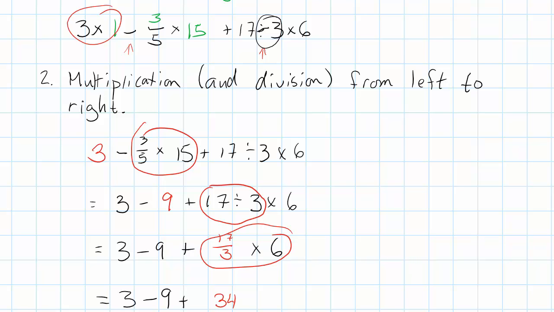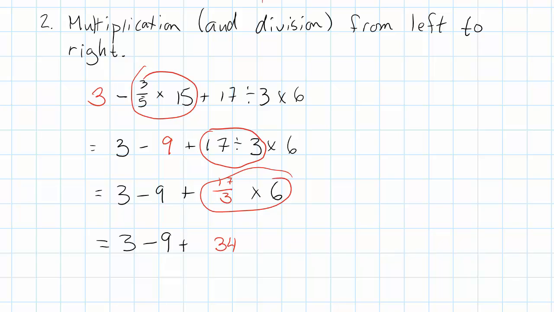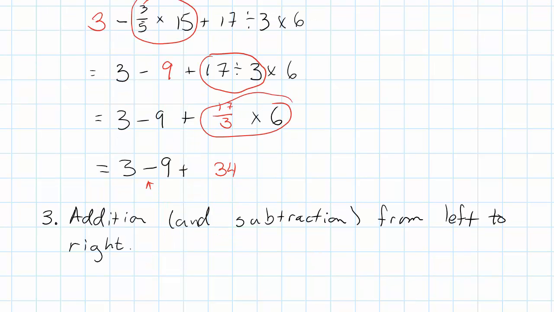Okay, and now all that's left is addition. But there's subtraction. Yeah, but subtraction is just adding the opposite, right? So all that's left is addition and subtraction from left to right. So 3 minus 9, that's 3 plus negative 9, right?